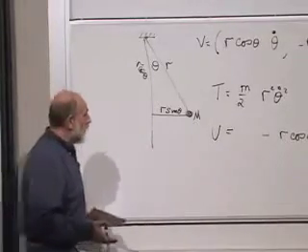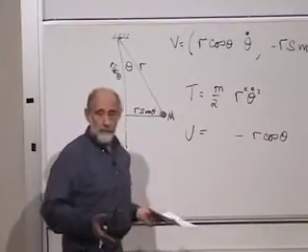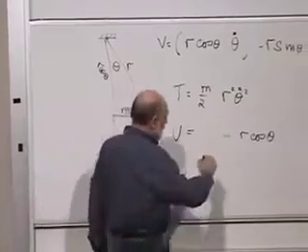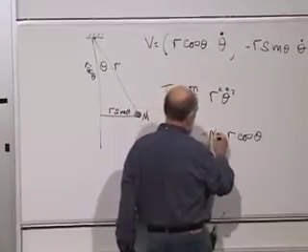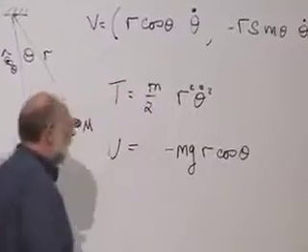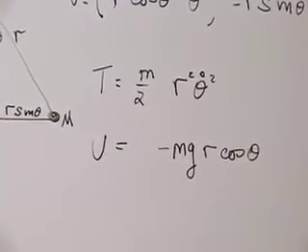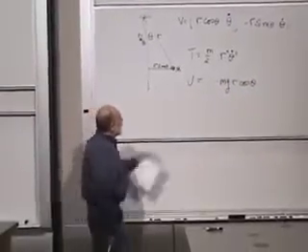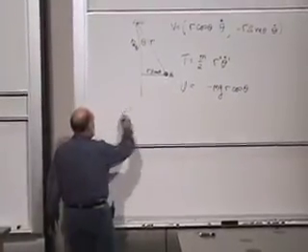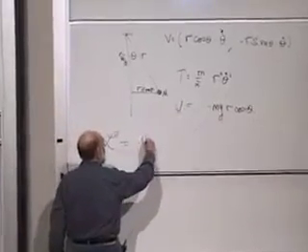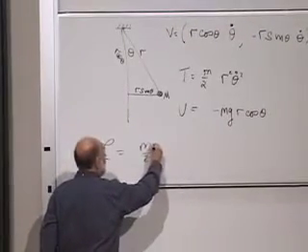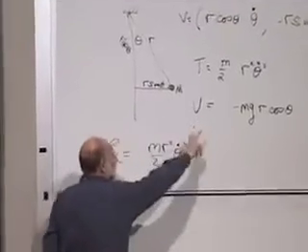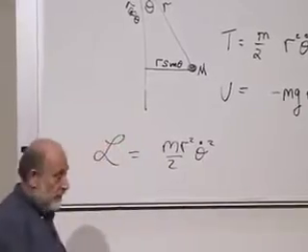What's the potential energy of a particle in a gravitational field? mg times the height. So we have to multiply this by minus m times the acceleration of gravity. This is the potential energy. Let's write the Lagrangian. The Lagrangian is just m over 2 r squared theta dot squared minus the potential energy.